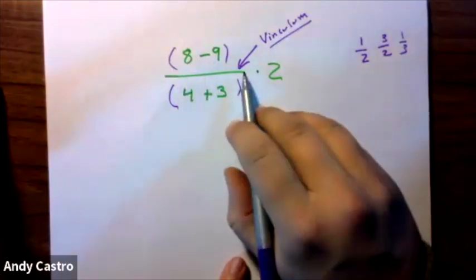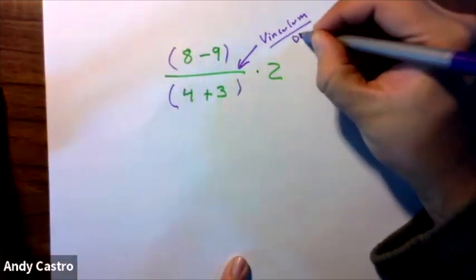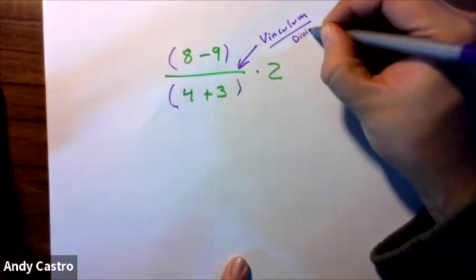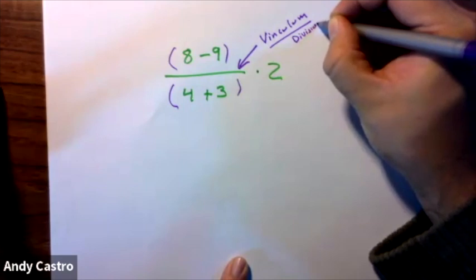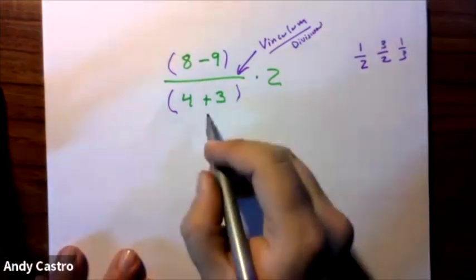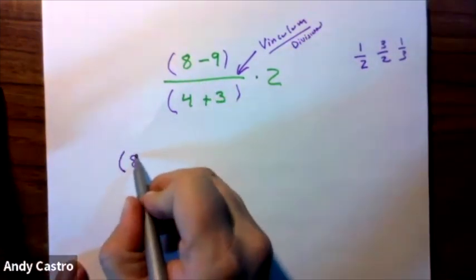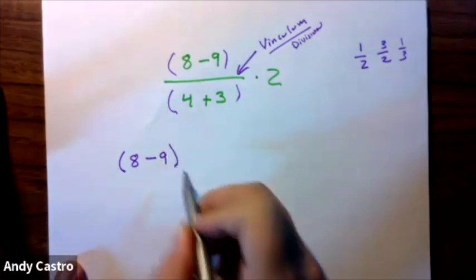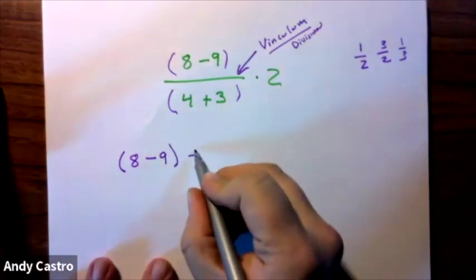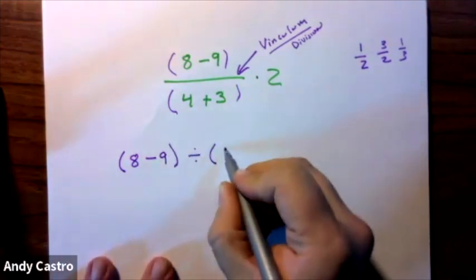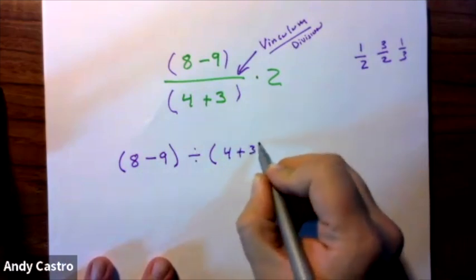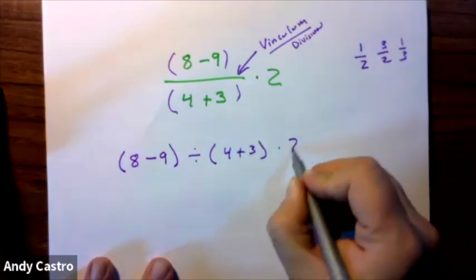And then this line means division or quotient. So this literally says the quantity 8 minus 9 divided by the quantity 4 plus 3 times 2.